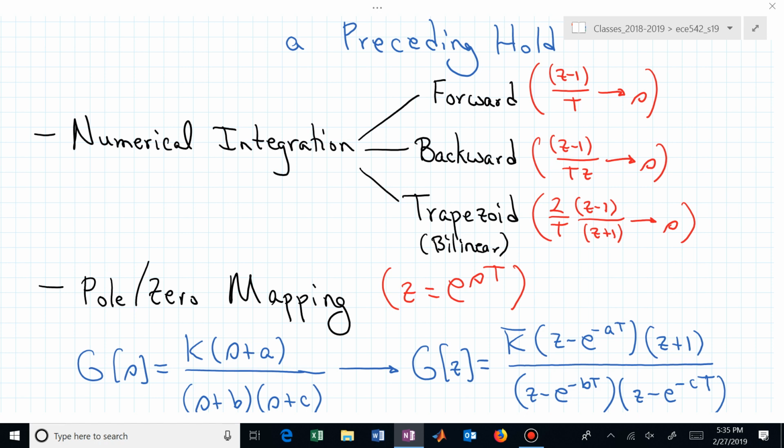Remember the association we had with s equal to 0 and z equaling 1. So you can see that when the left-hand side goes away, when z is equal to 1, that's consistent when the right side goes away when s is equal to 0. There's this sort of equivalence relationship between the s domain and the z domain.